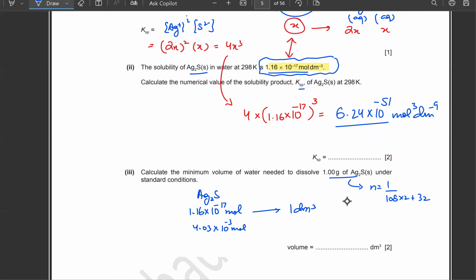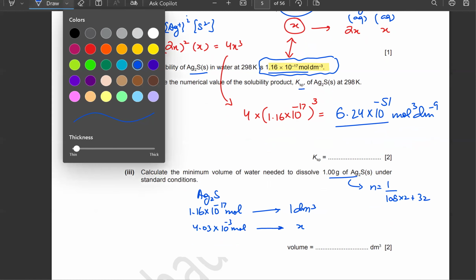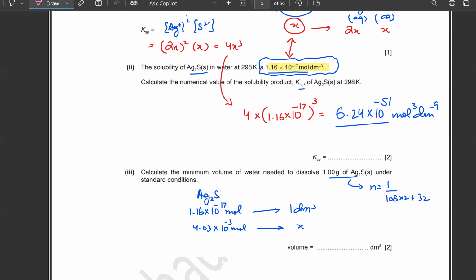So I'm going to figure out, if I want to dissolve these moles, how much water do I need? It's going to be the same ratio, right? You just do crisscross, and x would come out to be 4.03 times 10 to the power minus 3 divided by 1.16 times 10 to the power minus 17.